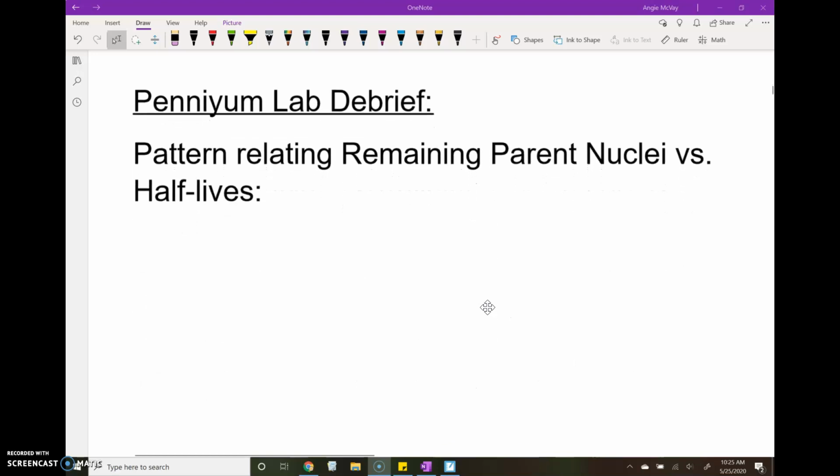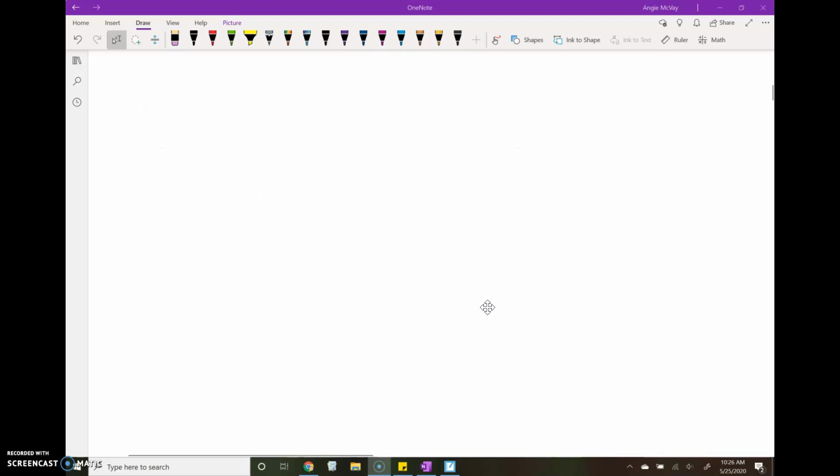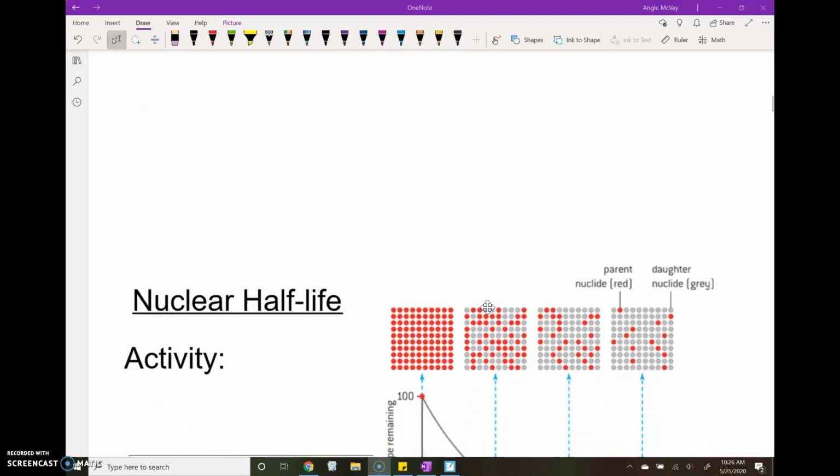All right. So if you completed the Pentium activity, you would have gotten a line of best fit that was probably an exponential decay in terms of nuclear half-lives, and it probably looked a little bit like this.